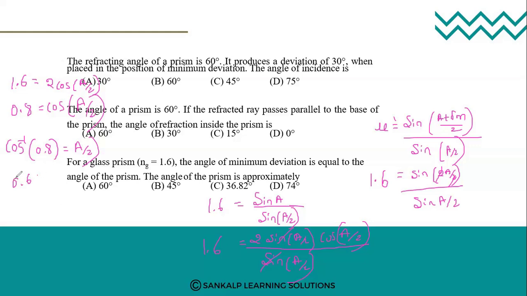Right now, I don't have a log table. So cos inverse of 0.8, you check. Whatever answer you get, multiply it by 2, then A is equal to that, and that will be your final answer. So this one you check later in the log table.